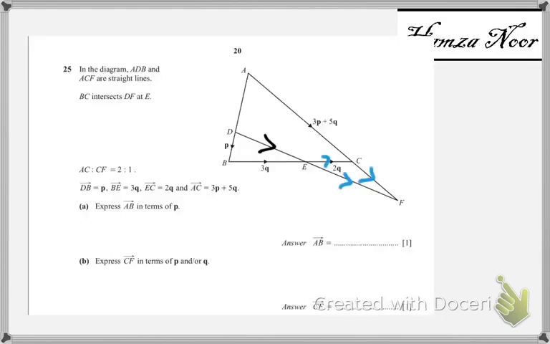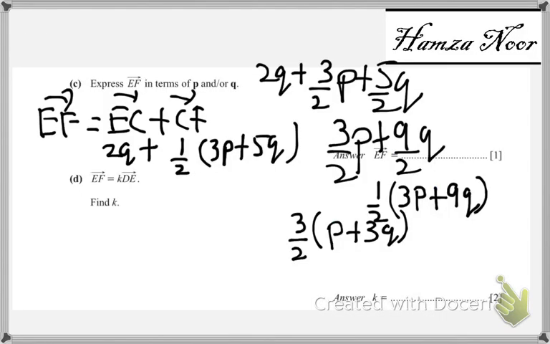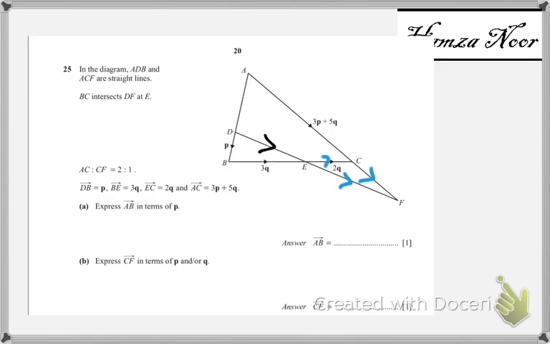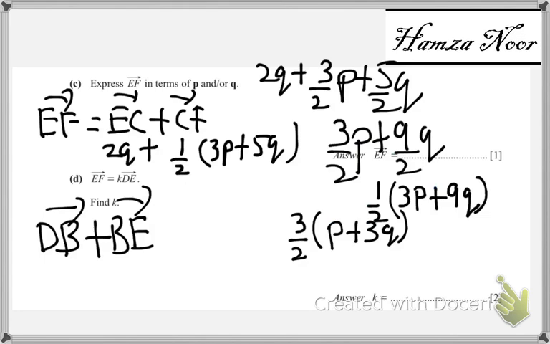The DB vector is P and the BE vector is 3q. So P plus 3q is your DE vector.